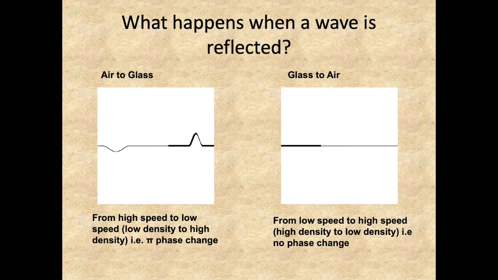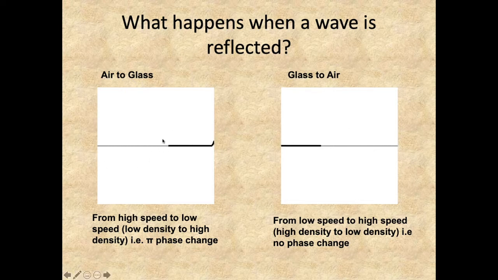Before we explain how thin films show different colors, we need to remember something from the basic reflection lesson. The one on the left shows how air to glass reflection takes place.